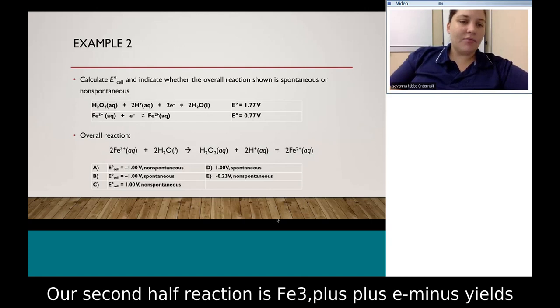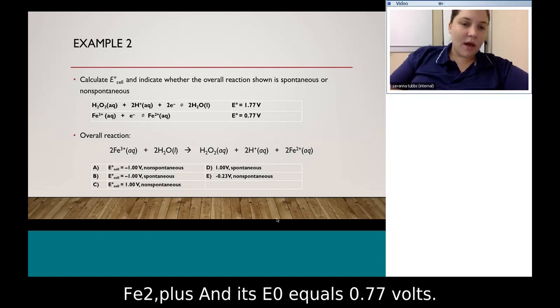Our second half reaction is Fe3+ plus e- yields Fe2+, and its E naught equals 0.77 volts.